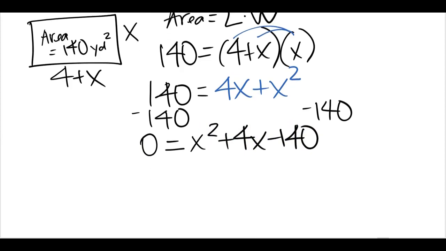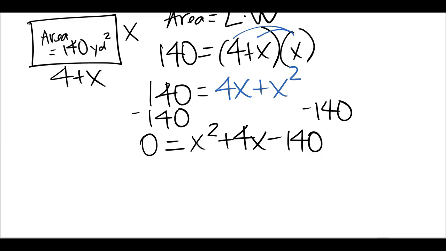Okay, so now you want to, let me rewrite this a little neater, 140. So now you need to factor this trinomial, if it's factorable, or use the quadratic formula. And for this one, let's see, so 140, I need to get a difference of 4. I'm not sure if that's factorable.